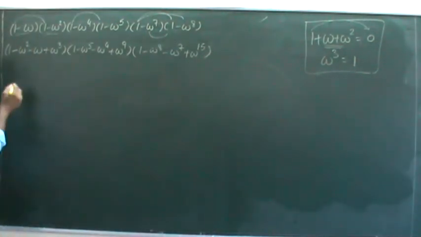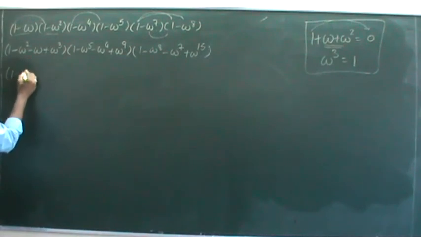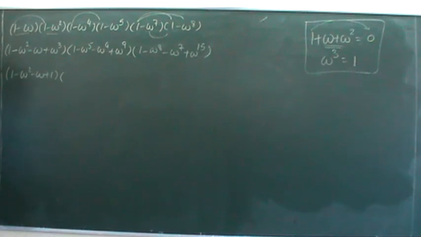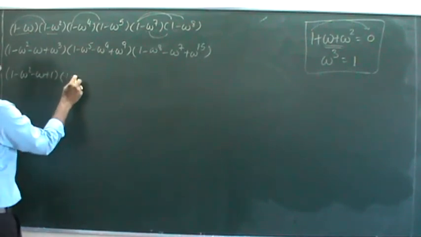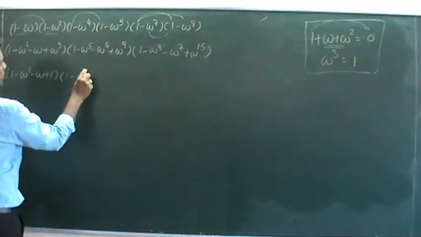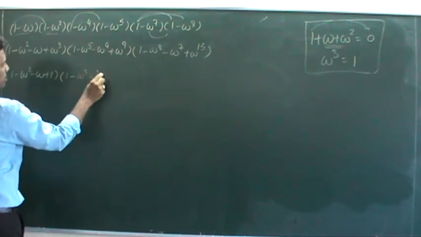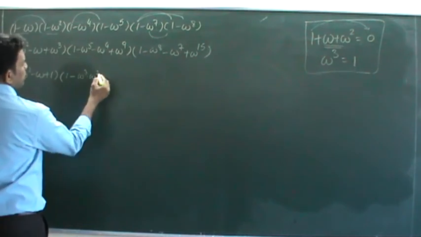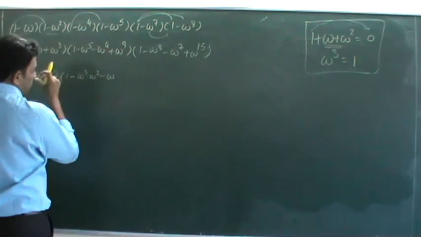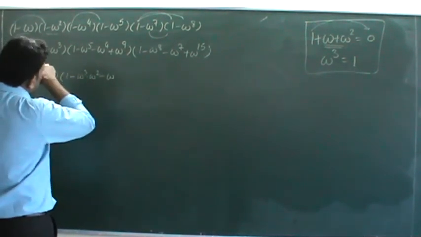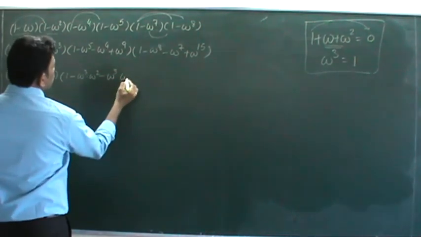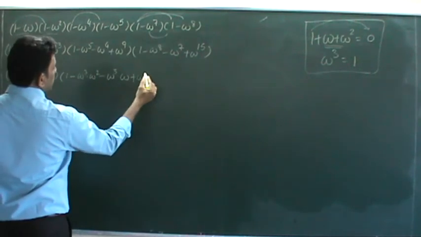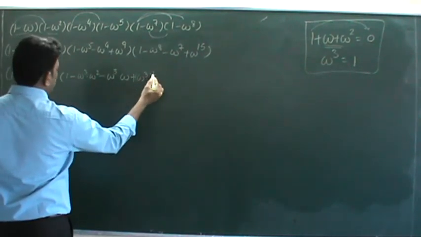So if we simplify, here omega cube value is 1. Here also, omega power 5 we can write omega cube into omega square, because 3 plus 2 is 5. This omega power 4 we can write omega cube into omega, and this omega power 9 we can write omega cube whole cube.